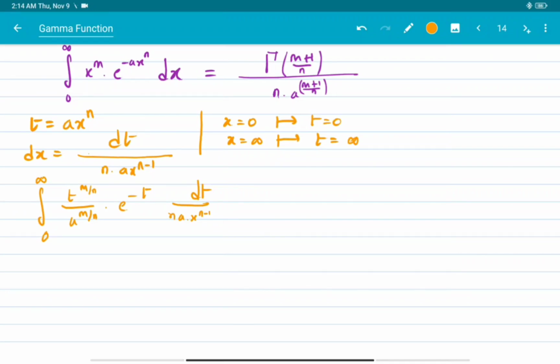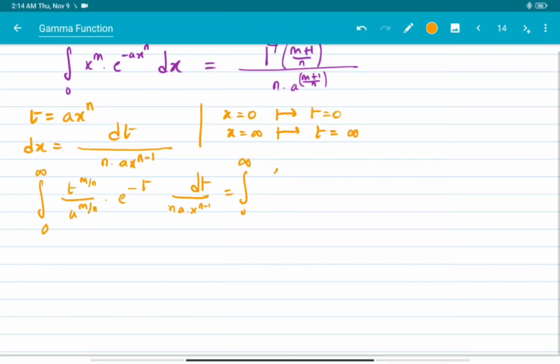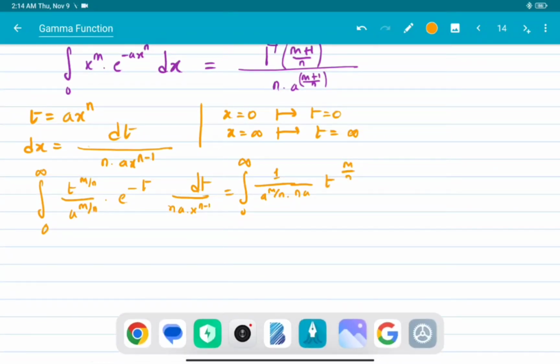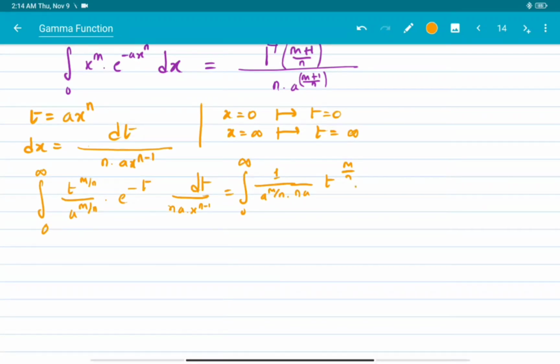So we write 1 over a to the power m over n times n a, and t to the power 1 minus n over n, e to the power minus t dt. Great.